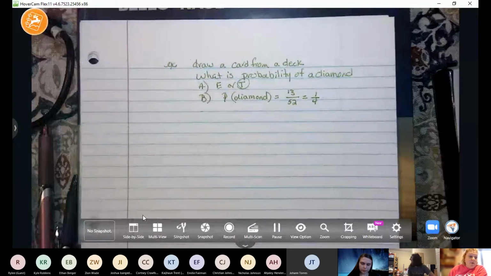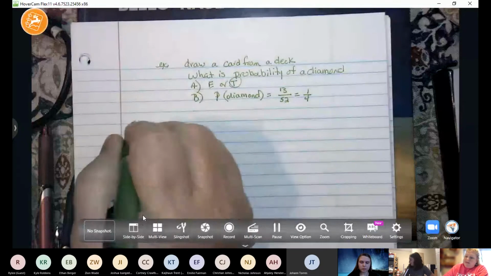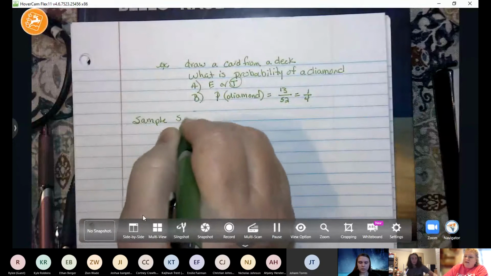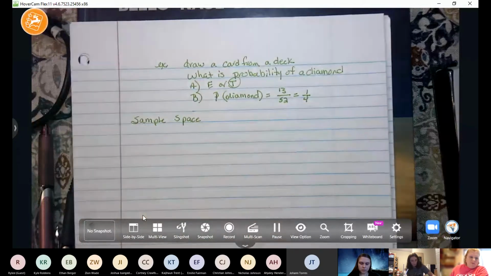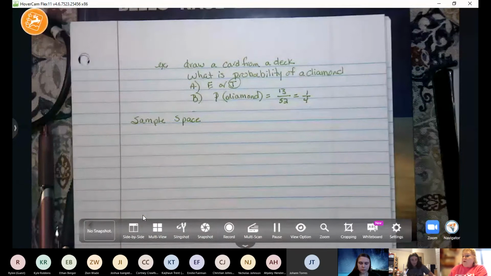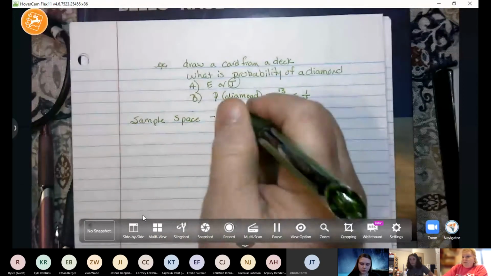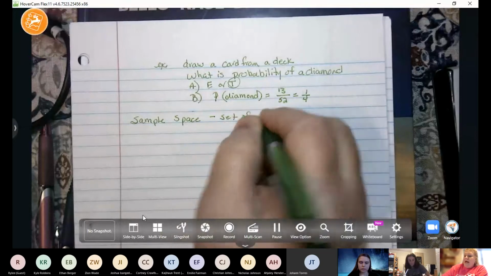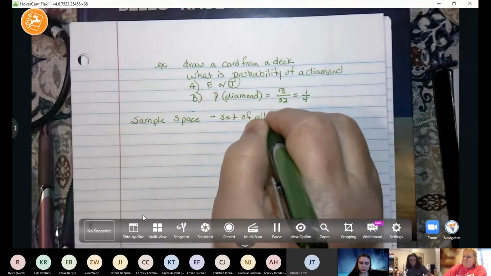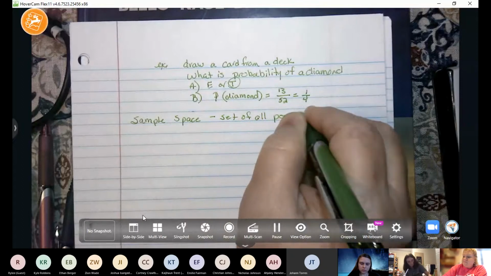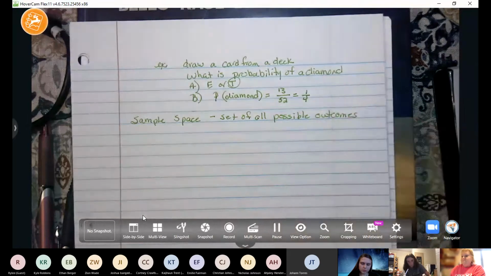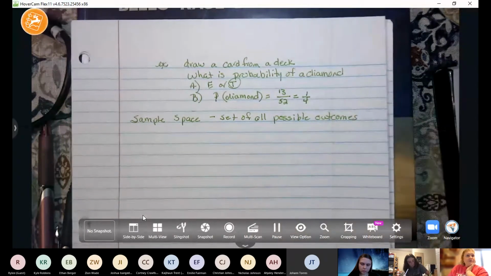All right, the next step that we're going to look at is to focus on sample space. We've looked at finding some basic probability problems, but the next thing that we're going to focus on is sample space, which means we're looking at finding the set of all possible outcomes. In a sample space, we want to find all the possible outcomes.